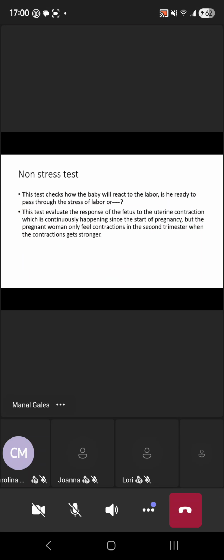Okay, then what else? Sometimes we need to know if the baby is ready to pass through the stress of labor, right? Is labor stressful? Yes. You know how contractions feel?